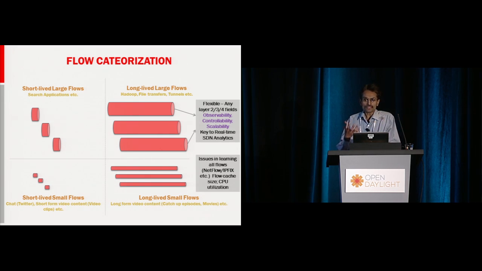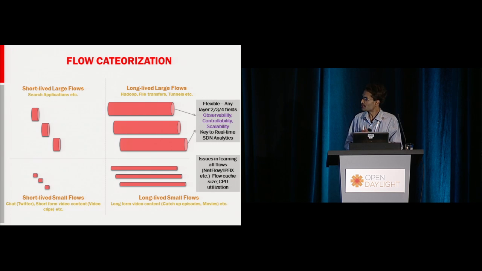Just to give a landscape today, yes, flow-aware networking has been implemented, but some of the very interesting issues which exist with NetFlow or current versions of IPFIX are essentially around trying to learn all the flows, short-lived, long-lived, all the flows, and then later filter them.